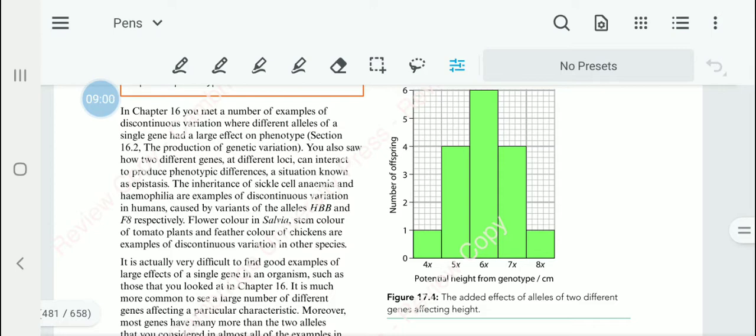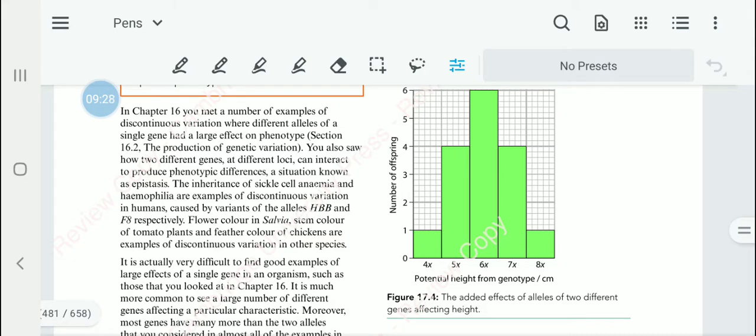Then the inheritance of sickle cell anemia and hemophilia are examples of discontinuous variation in humans, and they are a result of the HBB and F8 alleles. And these are actually the variants of those alleles that produce this effect.